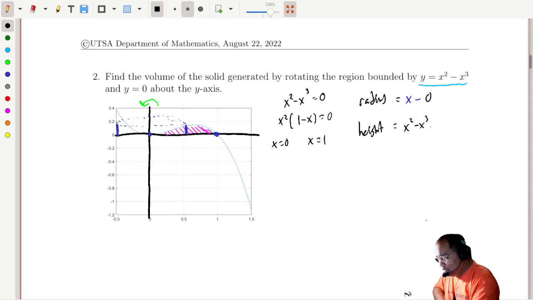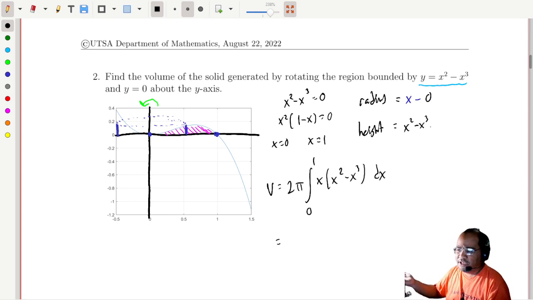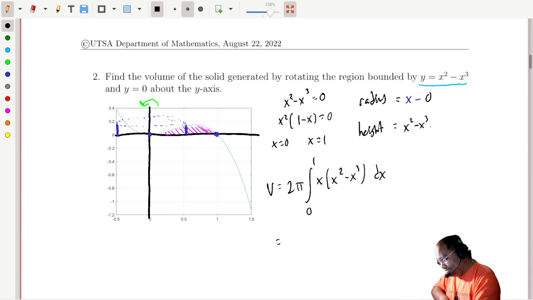And now, set up our integral for the volume. Just follow the recipe. 2 pi times the integral from 0 to 1. Okay, that's our x limits of integration there. Shell radius is x times the shell height, x squared minus x cubed, dx. And just multiply out, use the power rule.